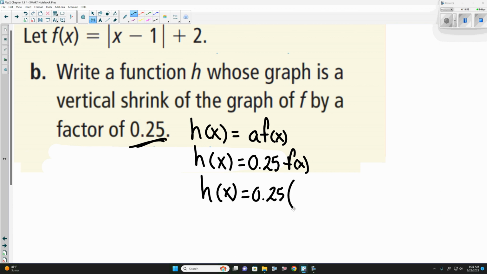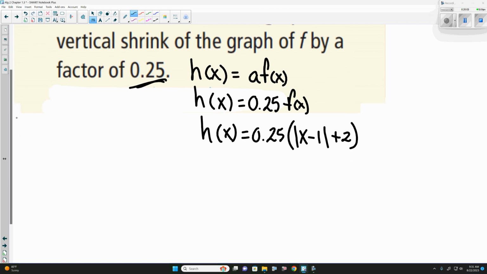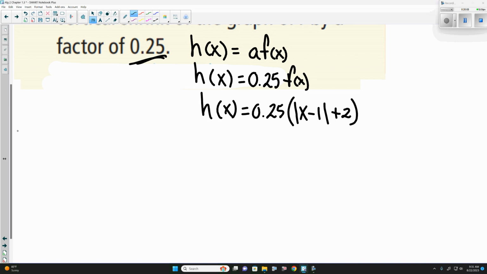Now we can replace the f of x with its function, which is the absolute value of x minus 1 plus 2. And again, just like the previous one, we can distribute the 0.25 and simplify.